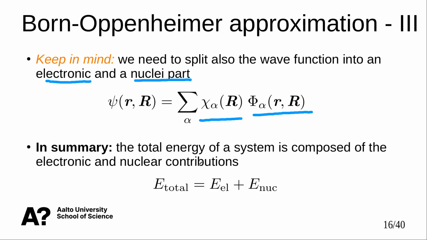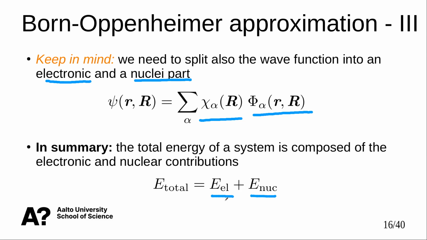So in summary, what we end up with is that our total energy, or the total solution of our Schrödinger equation, is split into two parts. We have the solution for the electronic part, or the electronic contribution, and the nuclear contribution. So that helps us to solve the Schrödinger equation in the later stage.